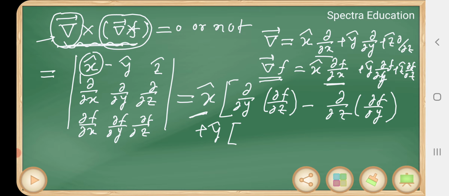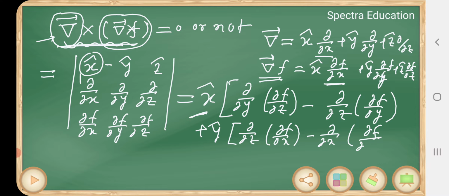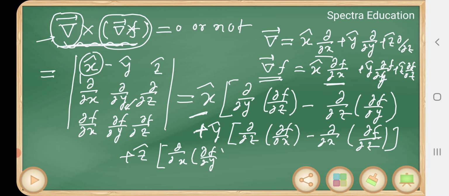So if we take del del z del f del x minus del del x del f del z. Remember that I am taking here plus, so I have cross multiplied from the right side. Plus z cap, it is del del x del f del y minus del del y del f del x.